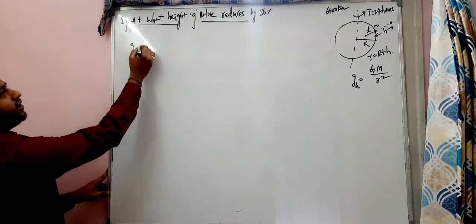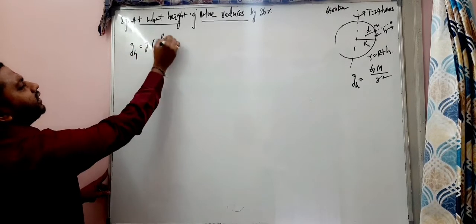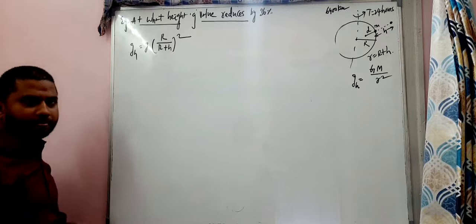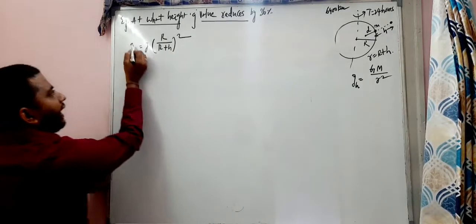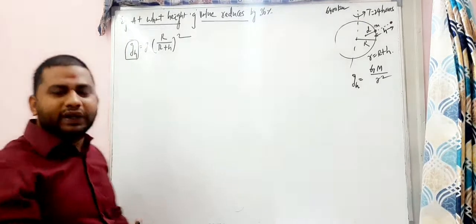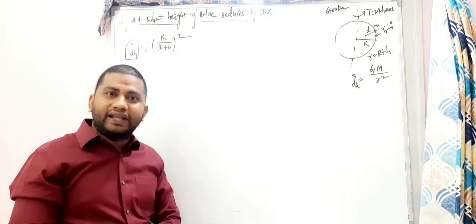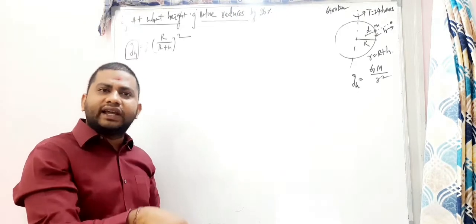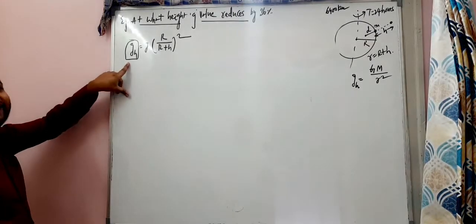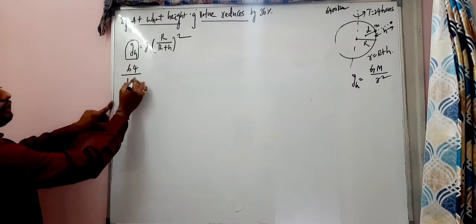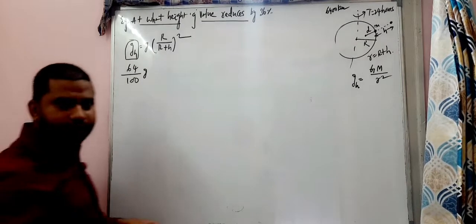Formula remains the same. g suffix h is equal to g into r by r plus h whole square. What is happening to g h here? It reduces by 36%. Initially it is 100%. If 36% is reduced, what is left at this point? It is 64 by 100 of small g.